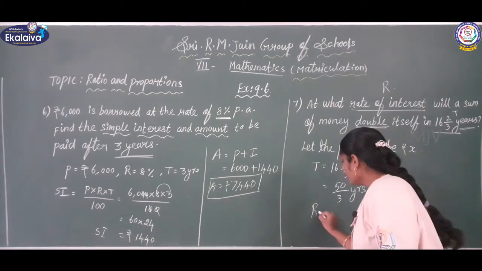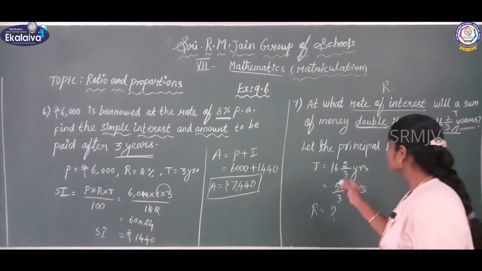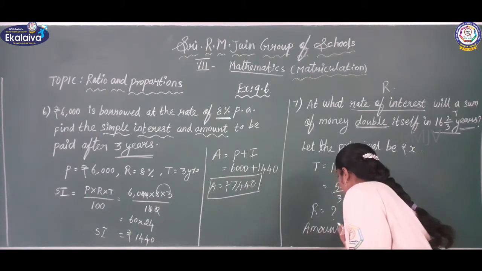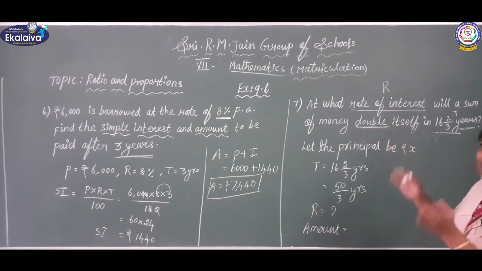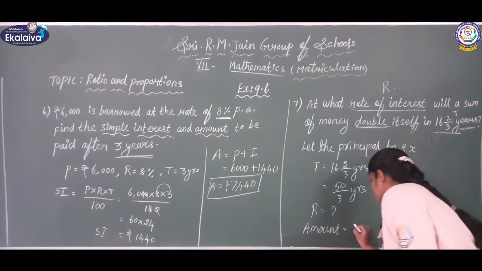Okay, so which one we are going to find? Rate of interest. After 16 into 2 by 3 years we are getting double the principal. So here principal we are considering x. So amount equal to principal plus interest. The principal will be double they told. So here x is there, so amount should be 2x.